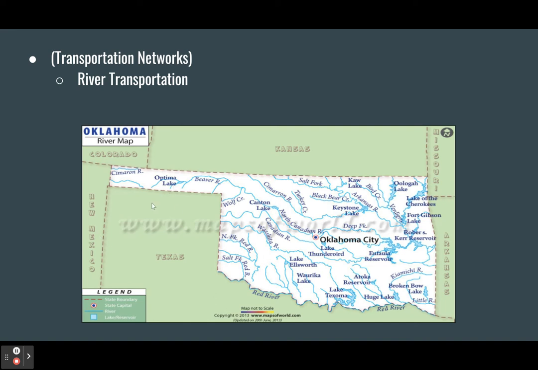One of the things that people don't realize about Oklahoma is we've got a lot of rivers, and the river routes are incredibly important as well. When we talk about the access to rivers and how they're important to us, there are two that I want to highlight here. And those are the Red and Arkansas rivers.